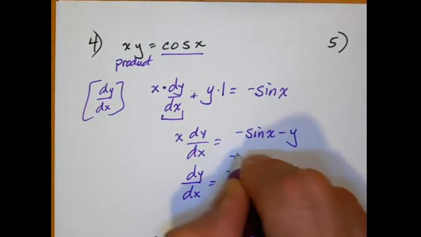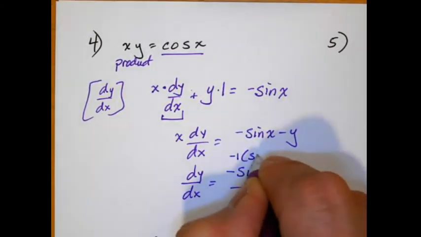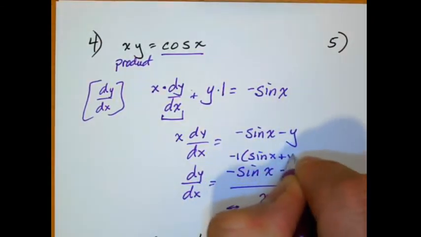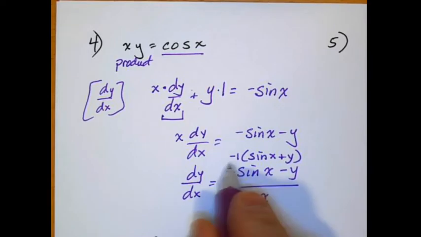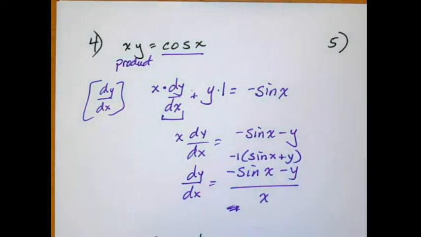I'll put it up here. So they get sine x plus y. So if you look for that, the negative 1 times the sine x plus y divided by x, that would be your answer. And that leads to number 5, which is the next problem that we are going to do.